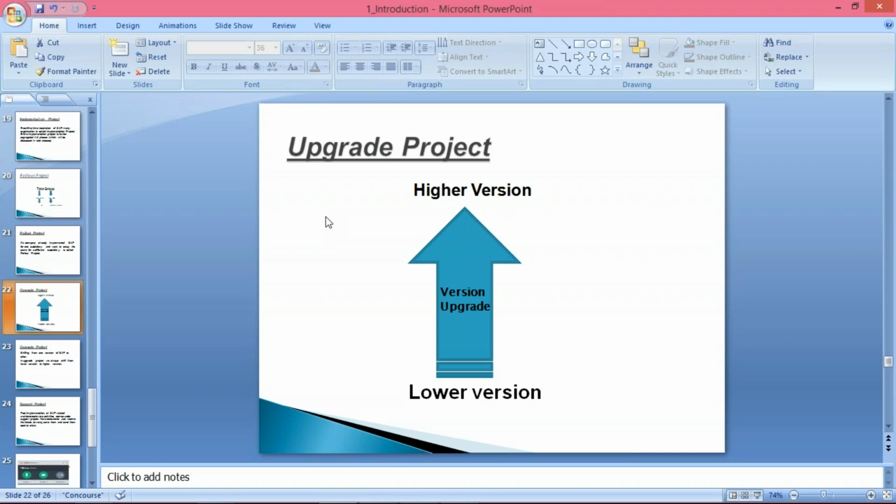Once you update, whatever the recent changes they have done, whatever new functionality has been added, you can avail the benefit of those things.